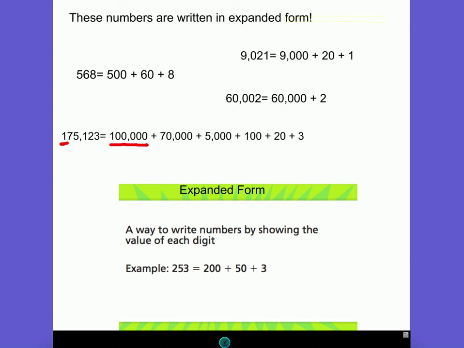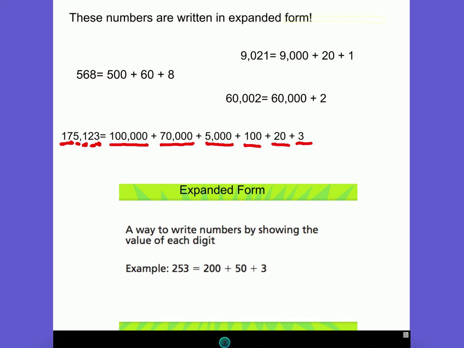Move on to the next digit. The value of the 7 is 70,000. The value of the 5 is 5,000. The value of the 1 is 100. The value of the 2 is 20. The value of the 3 is 3.